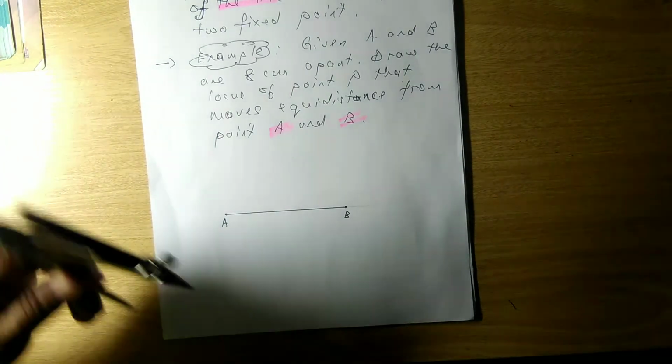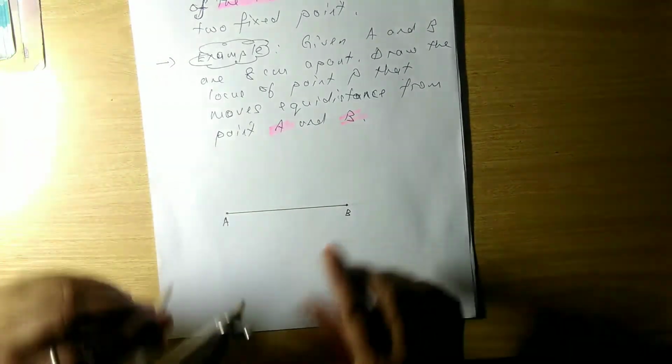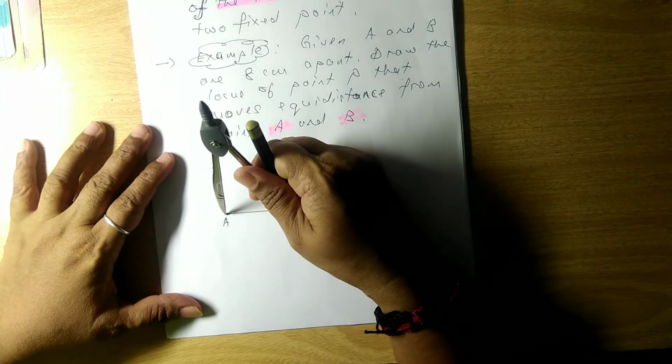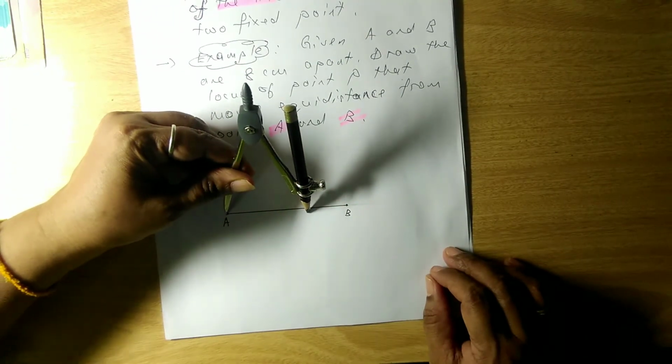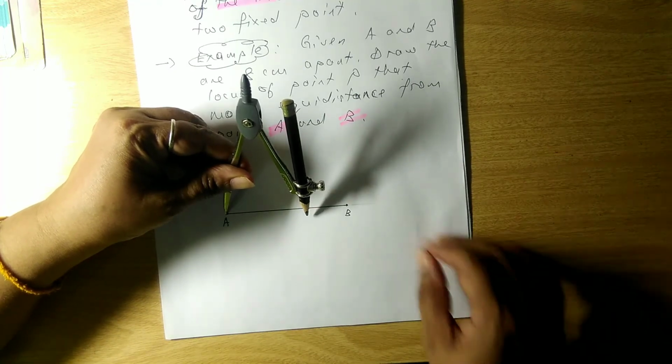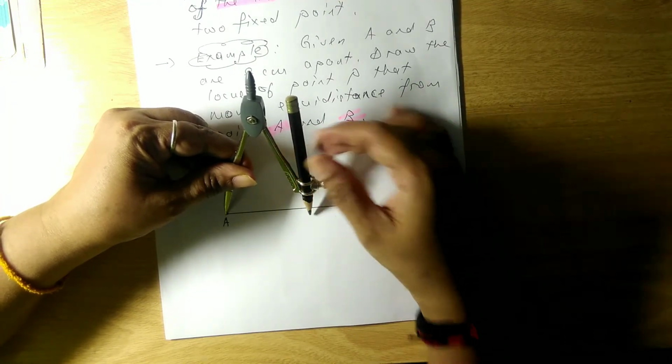Now this is 8 cm apart, so what we can do is take a distance of a little bit more than half, which is about 2/3 of the line.